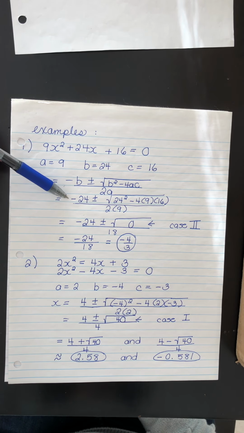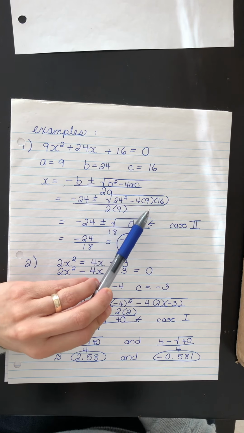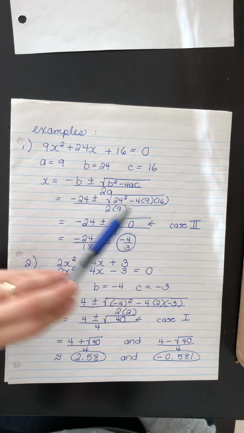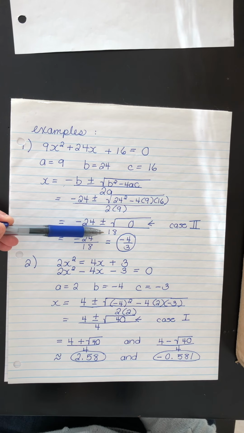Negative b will be negative 24. Here is our b squared minus 4ac under the root sign, and in the denominator, 2 times the value of a, which is 9. So our denominator will be 18, 2 times 9.